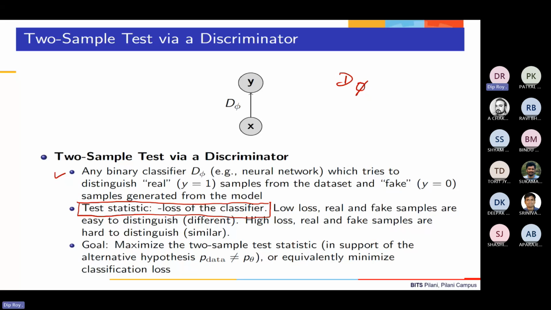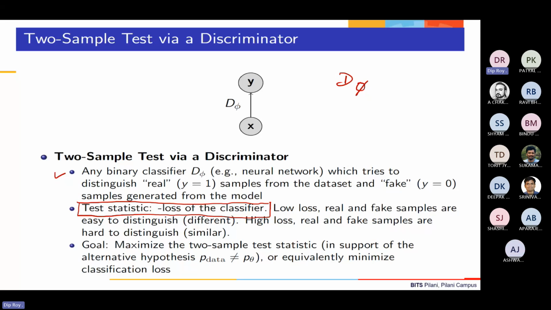If you have high loss, it means real and fake examples are hard to distinguish; they are similar. And the goal is to maximize the two sample test statistic in support of the alternate hypothesis, which proves that P data is not equal to P theta, or equivalently minimize the classification loss.